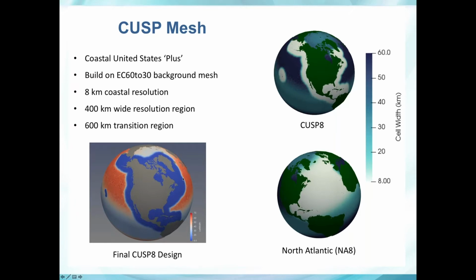So it has a wider area of high resolution off the east coast to encompass the Gulf Stream extension, and added resolution around Greenland and the Arctic to try to improve some of the biases in that region. And the hope is eventually to use this design in coupled simulations along with the high resolution atmosphere over the continental US as well.